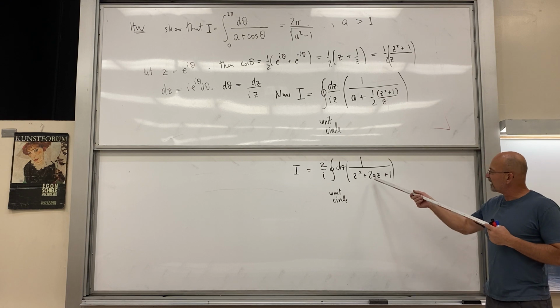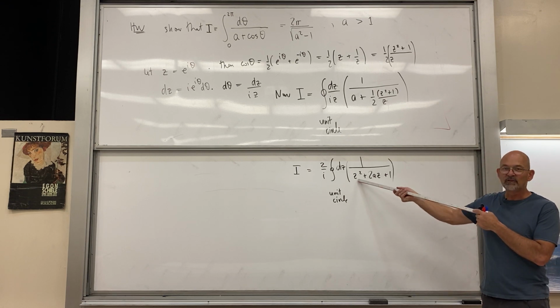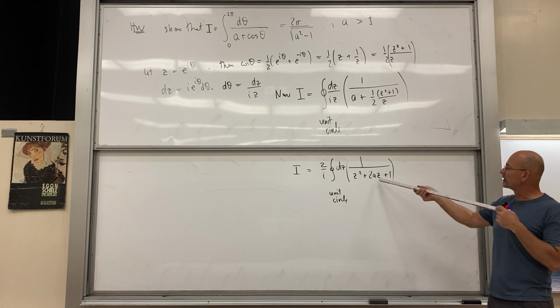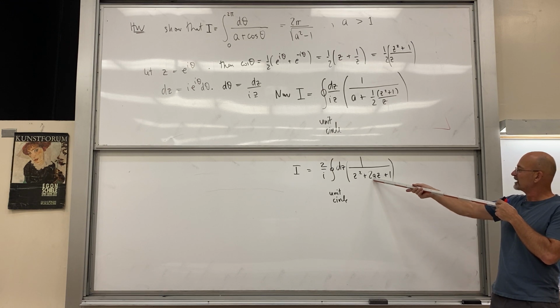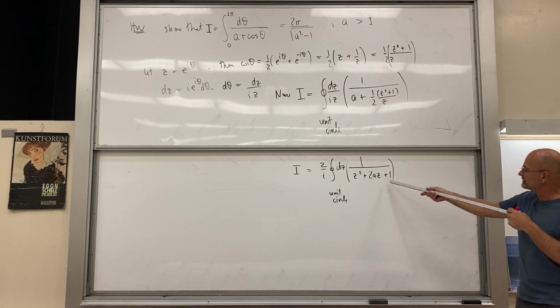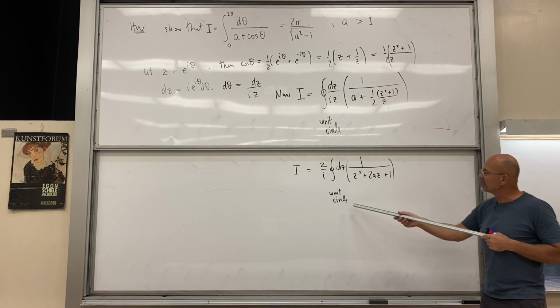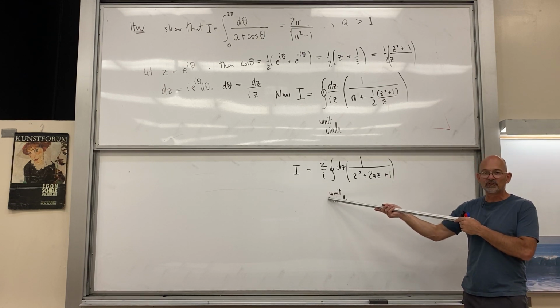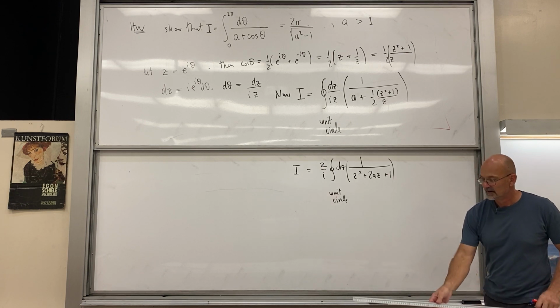And what we're going to find is, just by using the quadratic form, there are two roots of this. Remember, a is a positive real number greater than 1. So there are two roots of this, and only one of them is inside the unit circle. Okay.